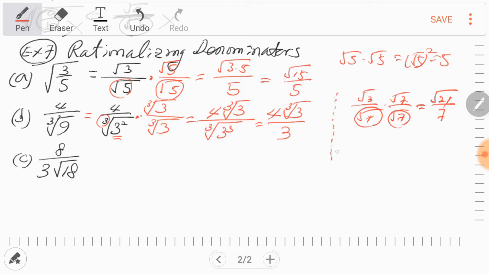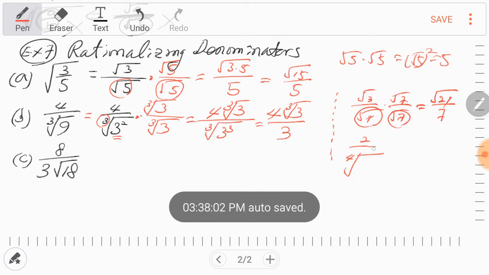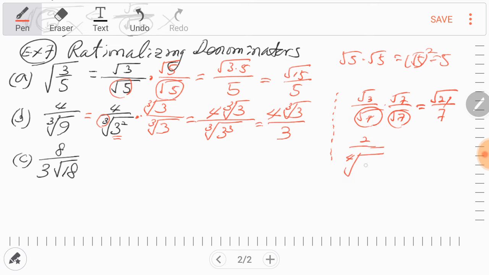Okay. Just like this. Let's say 2 over the fourth root of, let's say, x. Then what do we multiply both top and bottom by? We have to multiply by the fourth root of x cubed.